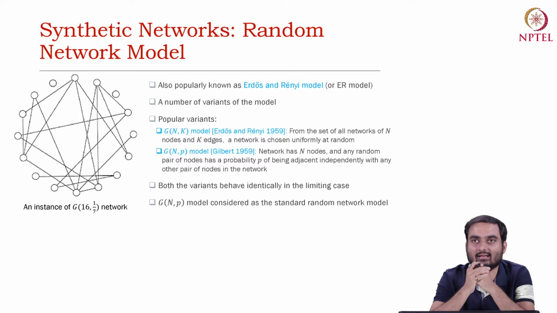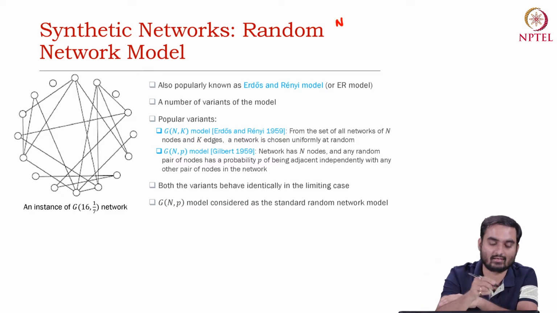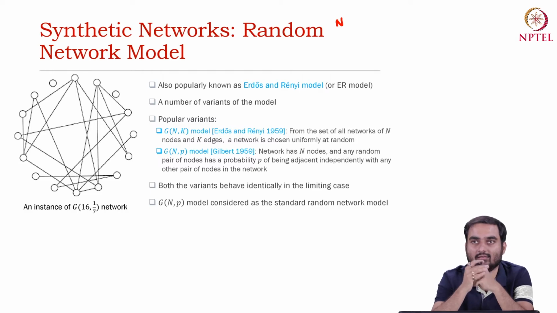It basically says that let us assume that there are n number of nodes present in a network. We want to create a network with n nodes, but we do not know how the edges are formed. So what we will do, we will choose a pair of nodes and then connect it based on certain probability. Say for example, we toss a coin.